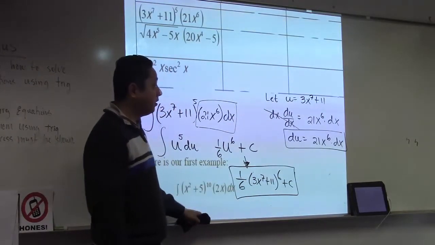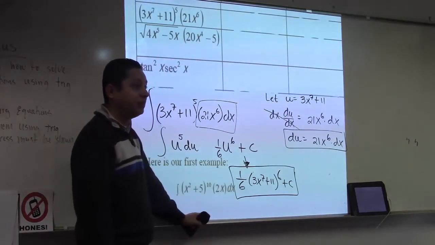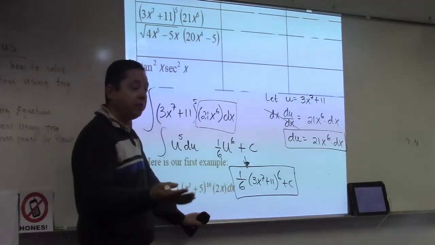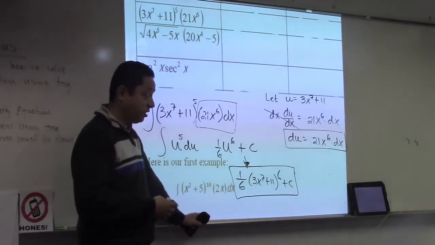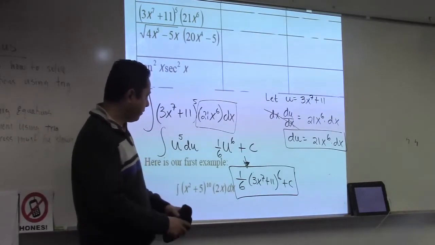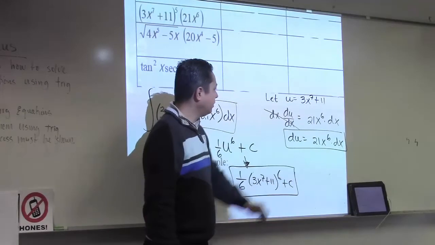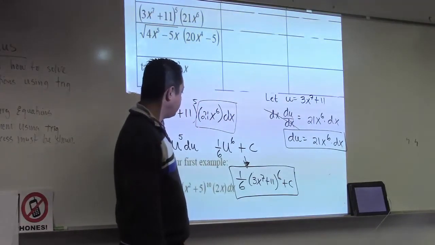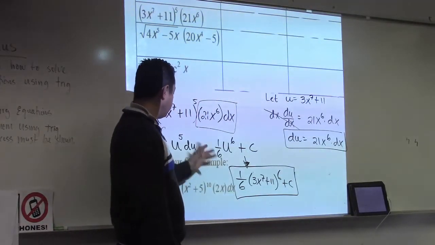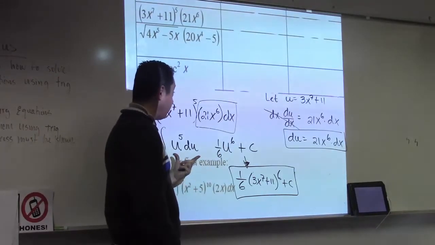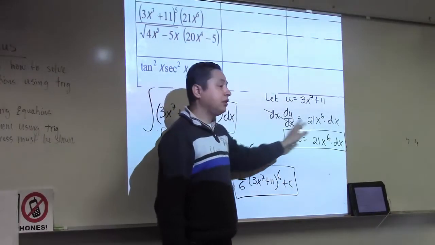This skill more than likely will be tested on the free response. It will be part A, B, or C, somewhere there, and it's typically worth 3 points. They give you a point for using the right process for the U sub, in other words choosing the right thing up there. They give you a point for finding the du.